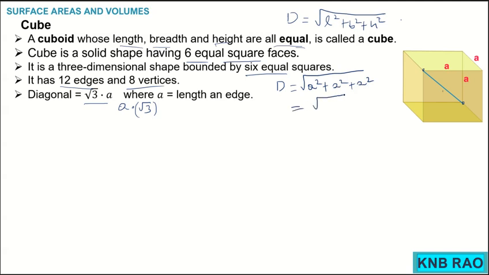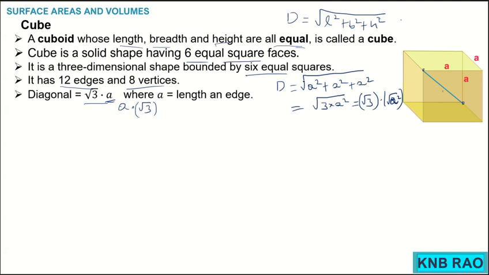That means root under 3 times A square, and further it can be written as root 3 into root A square. Root A square will become A. That is how this root 3 times A has come.